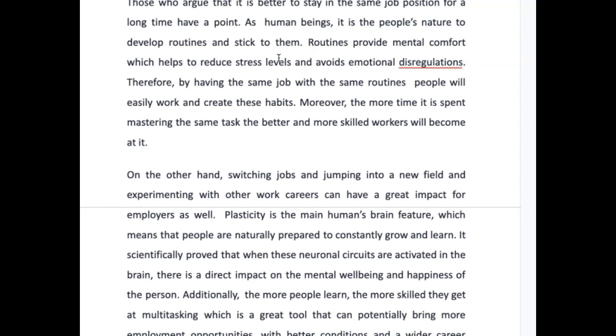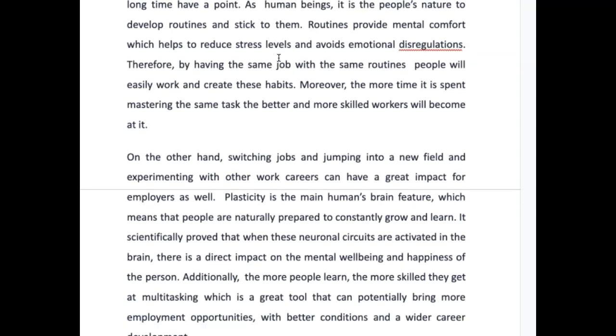And we've all got a friend who has no idea of the concept of routines, okay? So just bear that in mind.